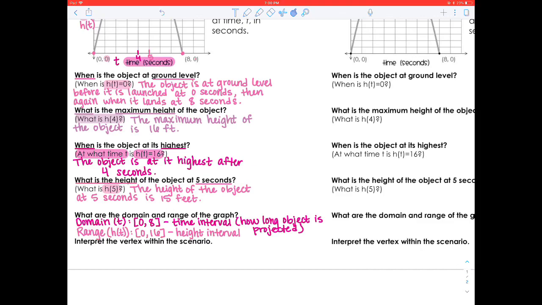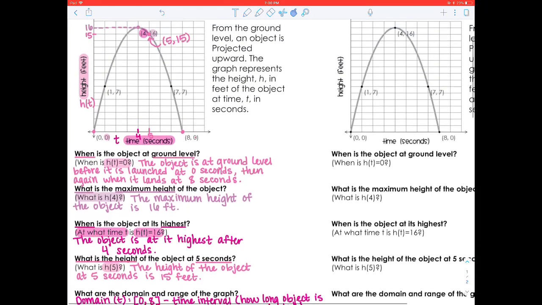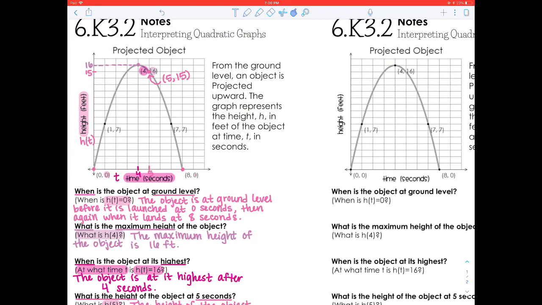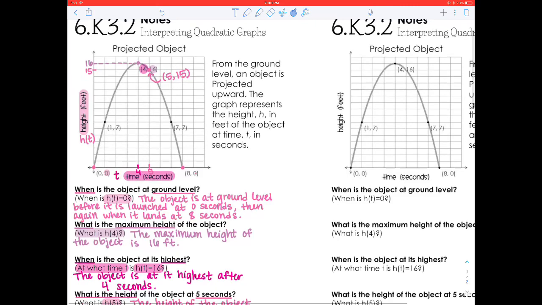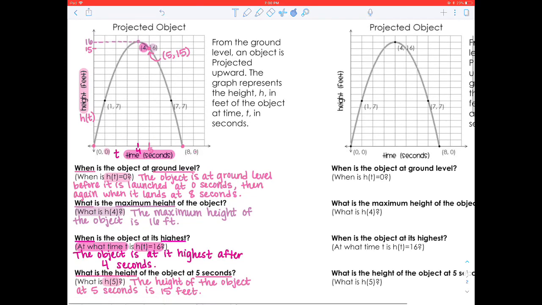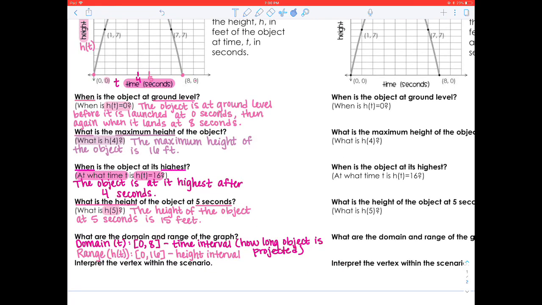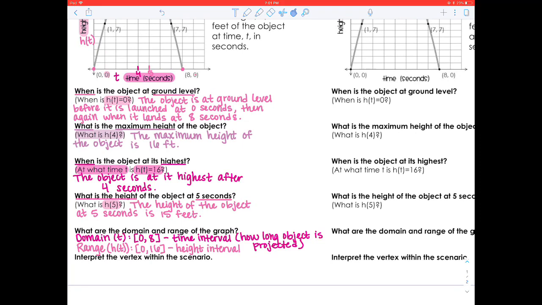So our vertex here, remember, is (4, 16), and we've already kind of dissected the pieces of it. 4 is your time, so at 4 seconds, the object is at its maximum height of 16 feet. So that's all we're going to say. We're basically just going to combine those two things together. That your vertex is where something reaches its maximum or minimum value.